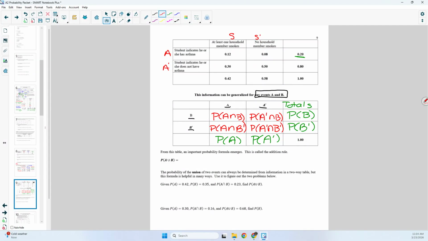Now, the thing I don't see in there is any unions. But from this, I can get the formula that we use to find the probability of the union of two events. If I was finding the probability of A union B, when we were doing this without thinking about a formula, we added up the probability of A, the total right here, and the probability of B, the total right here.